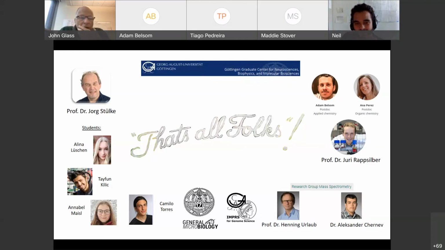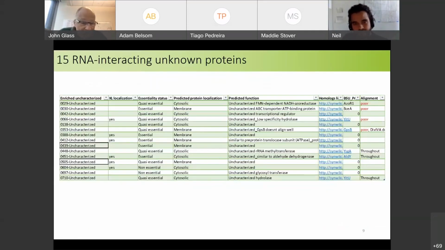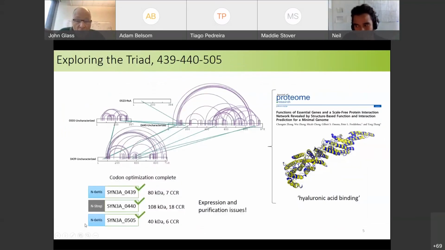The data you showed will maybe help us narrow down our search using the free gene set. It suggests that perhaps one of these proteins, like 439, or one of the proteins that you show, may be the gene that has a ribonuclease activity that we have so far been unable to identify.